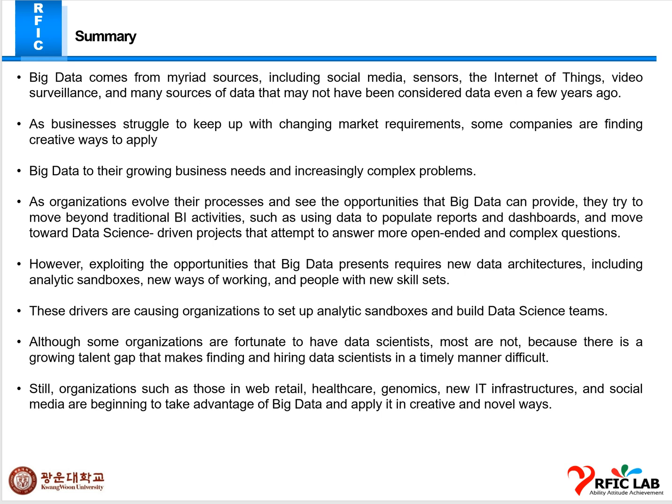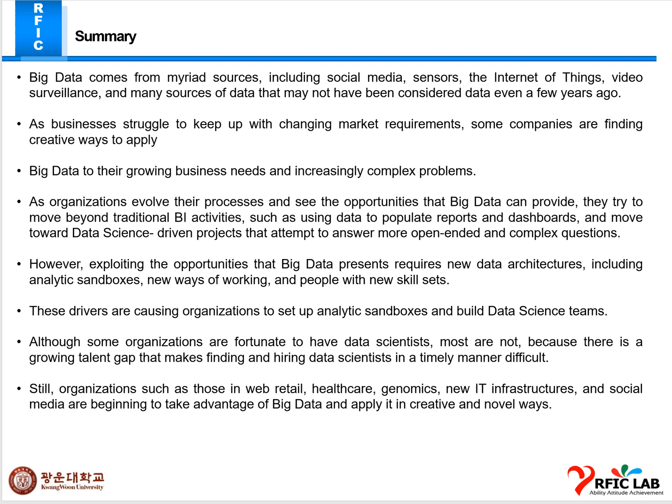Now I'm going to summarize this chapter and today's topics. As I said, big data includes social media, sensors, IoT, Internet of Things, and video surveillance, and many sources that were considered years and years ago.